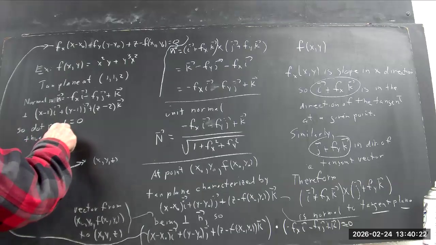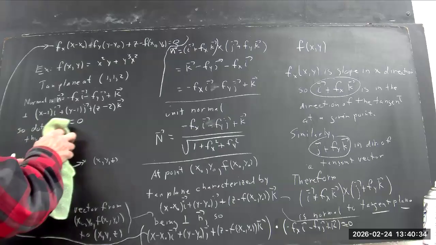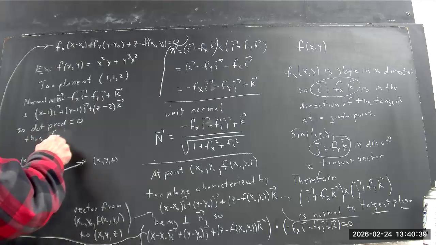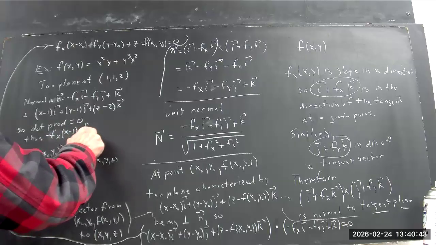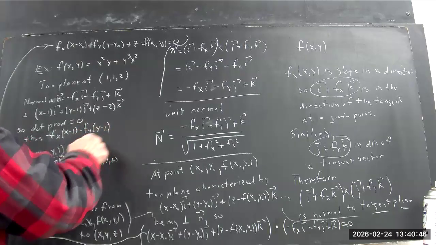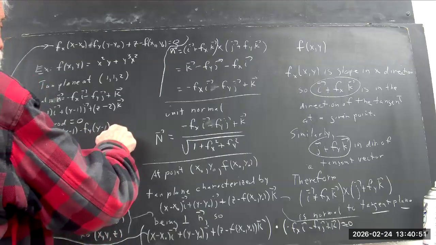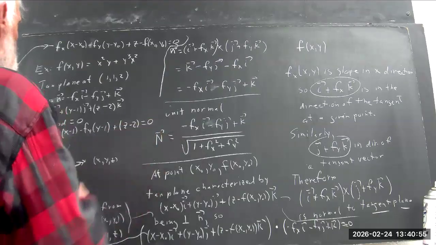Thus, x minus 1, I'm going to have room to get all this in, but I'll probably erase something. fx times x minus 1, minus fy times y minus 1, plus z minus 2 equals 0.